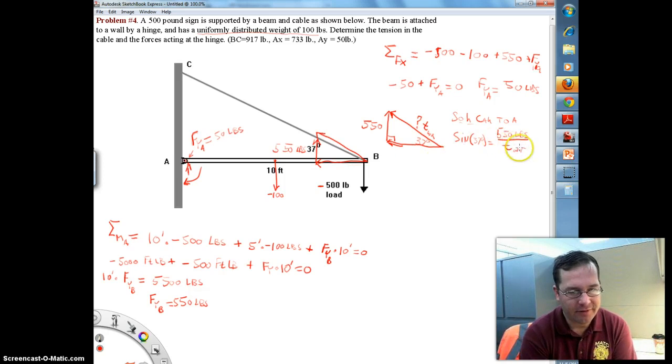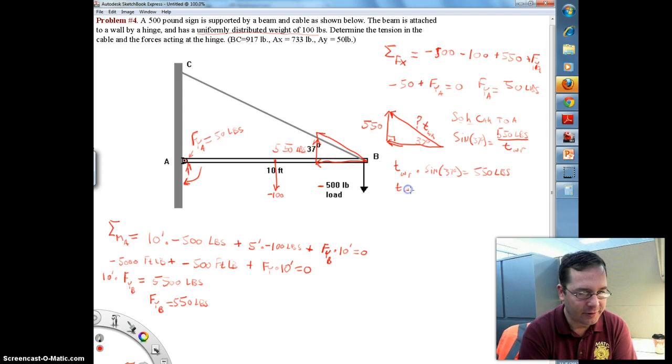Now, we're trying to get the tension in the wire rope by itself, so we're going to multiply both sides by that. And you get tension in the wire rope times the sine of 37 degrees equals 550 pounds. And now it's just simply a matter of dividing both sides by the sine of 37 degrees.